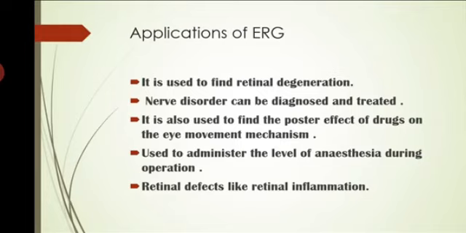It is used to administer the level of anesthesia during an operation. Retinal defects like retinal inflammation can be diagnosed using ERG signals. So these are the applications of ECG, EMG, EEG and ERG.